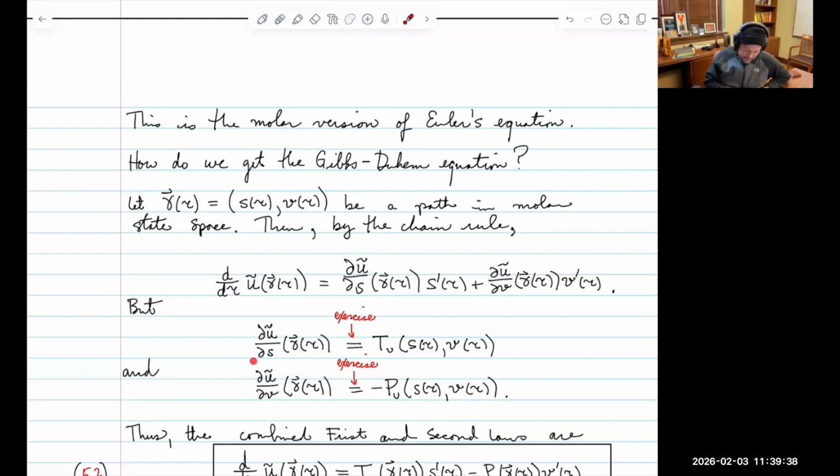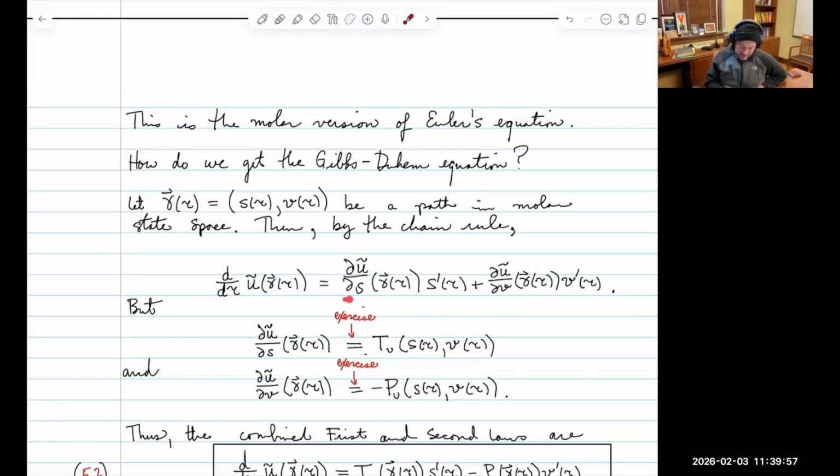But this is different. This is now the molar energy and the molar entropy. So, the derivative of the molar energy function with respect to the molar entropy: does that still give us a temperature function? The answer is it's a simple exercise to show that it is true.